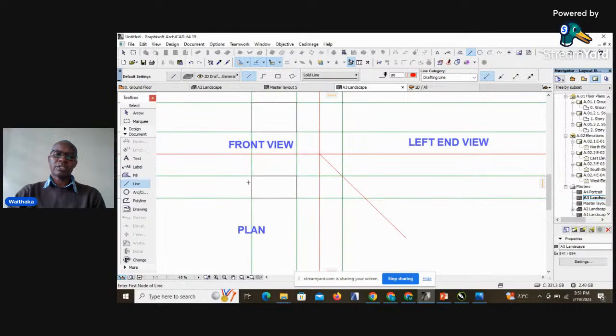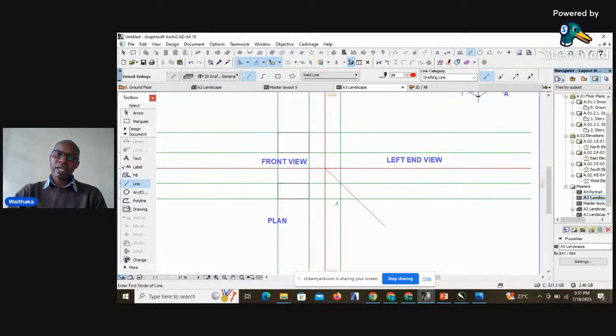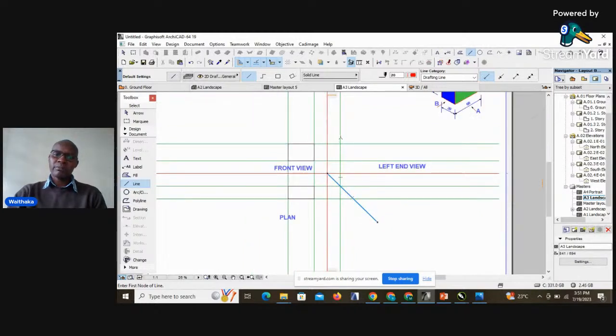And what happens is that you'll find that the details that are coming from the plan will, at some point, be cut by the reflector line. They will interact with the reflector line at some point. We can see that the first line where we started generating our front view meets the reflector line at that point, and we already have a line that we had done before as a construction line for the end view.